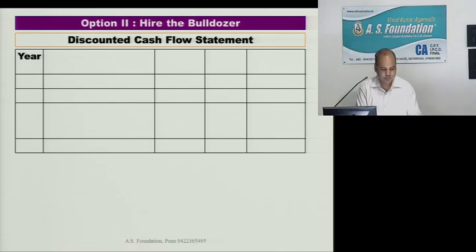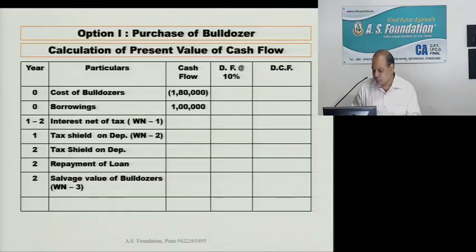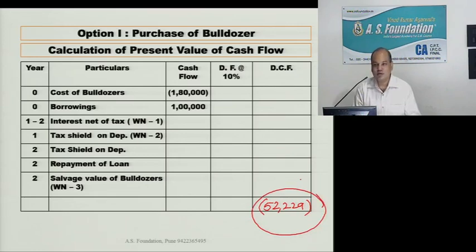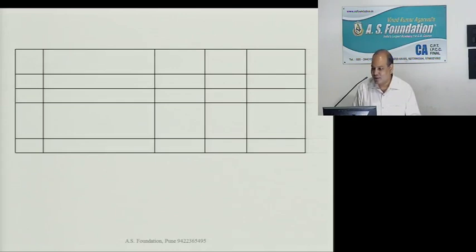Please try. 52,229 is right. 52,229 positive or negative? Negative. So how many of you got it right? Raise hand. At least 5 persons should get it right so that I'll go ahead. Wow. More than BCom result.